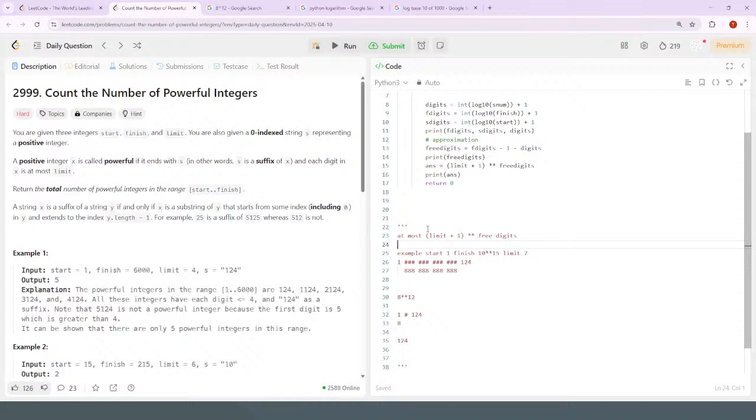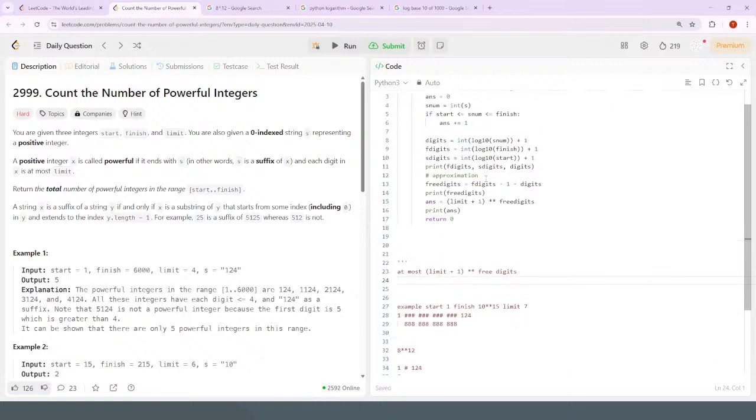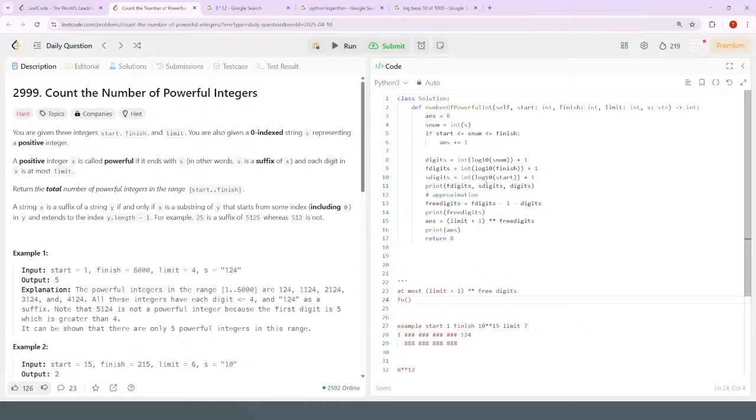Okay, so I think maybe I need to simplify this just a little bit. So if I do a call to this function, where the function call is start, finish, limit, and s, I think I can make that into function of 0 to finish, limit, s, minus function of 0 to start, limit, s.